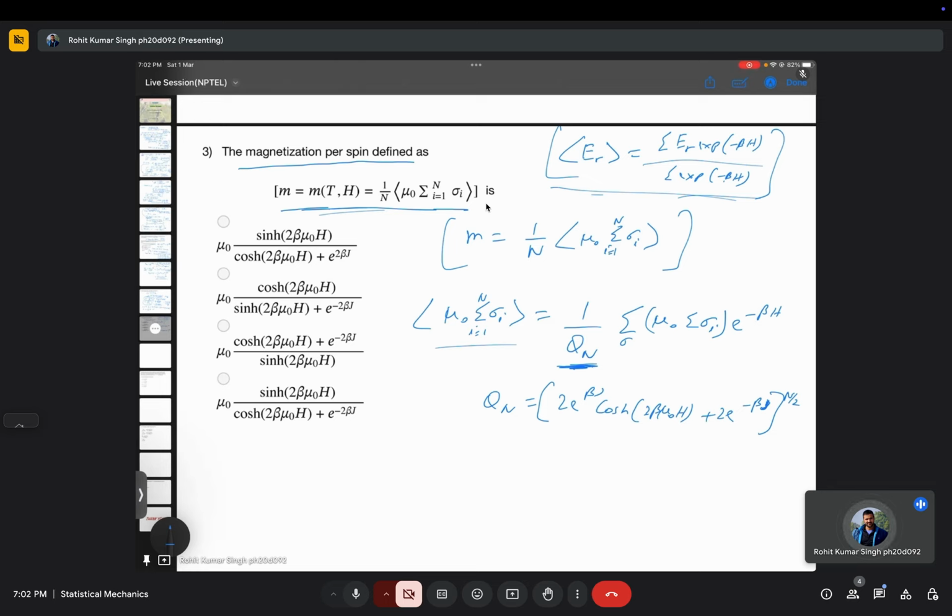So first let's calculate this quantity for a pair of spins, like we did while we were computing the partition function. So mu naught is a constant, so it will be outside, and Q of a pair.